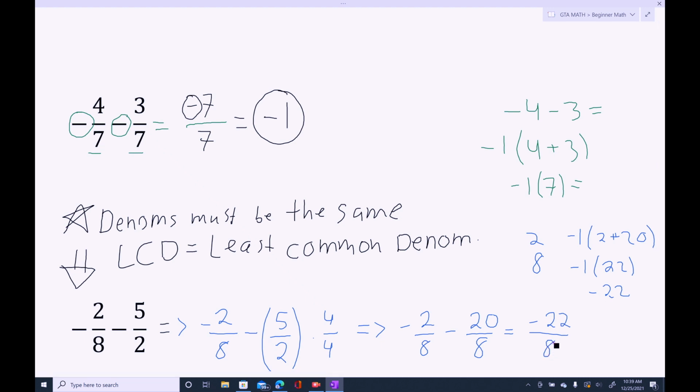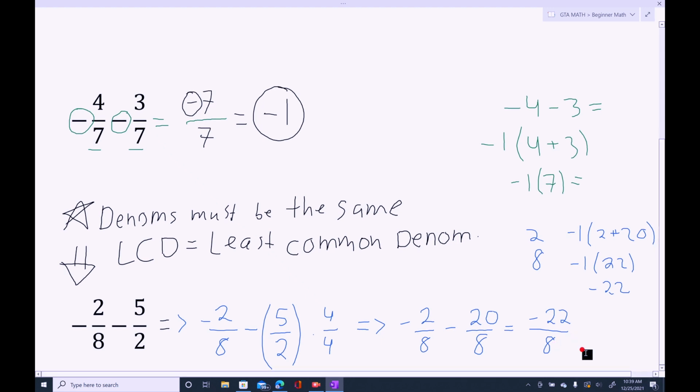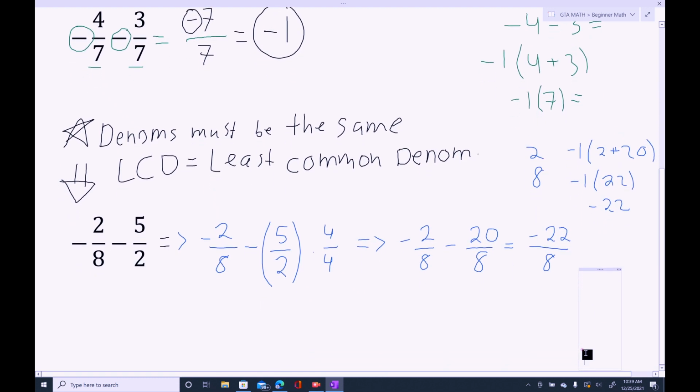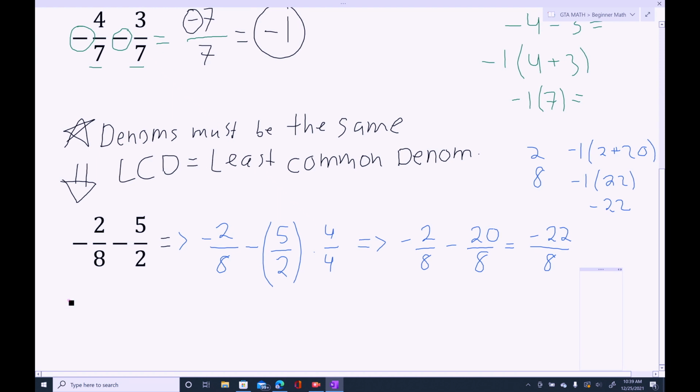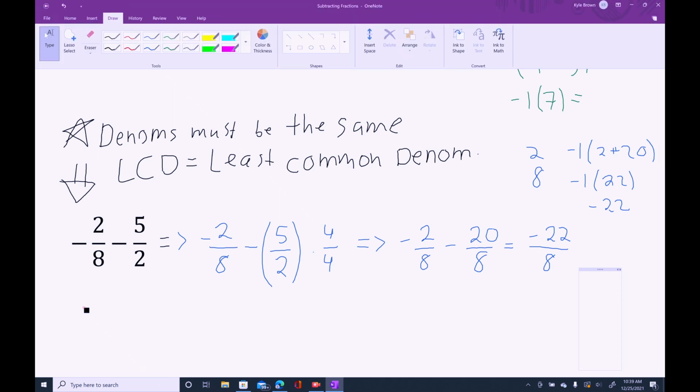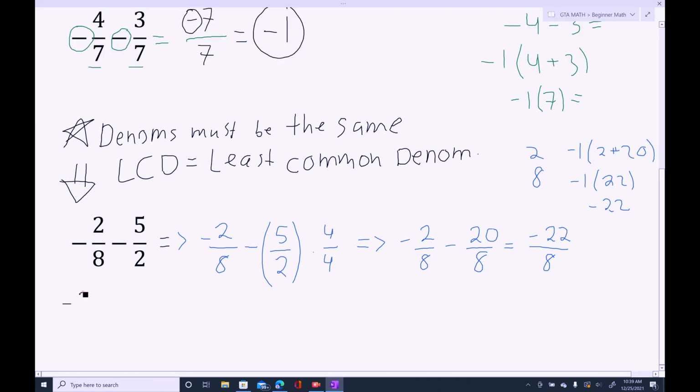I would love to say we can leave this answer this way, but unfortunately we cannot. So what we have to do in this case is some division. I'm going to rewrite some of this over here. What number goes into 22 and 8?